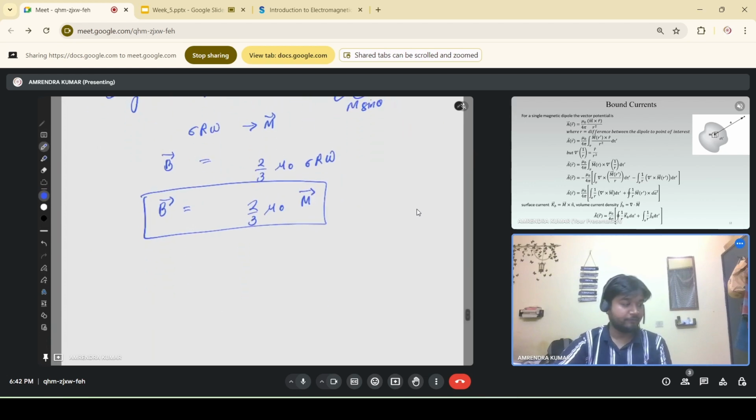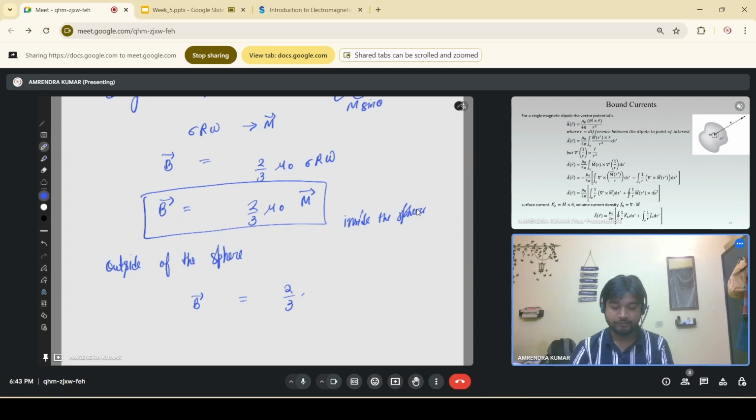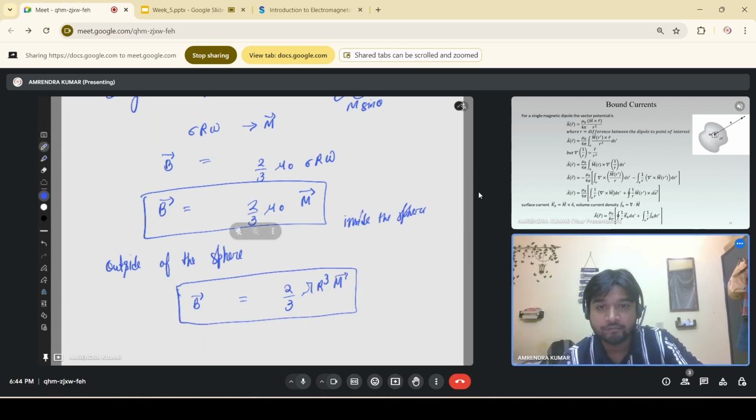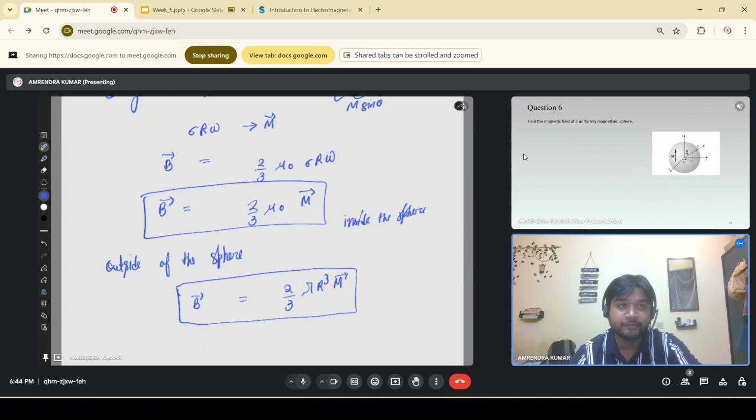And now if you want to calculate inside the sphere, and outside of the sphere, we get 2 by 3 mu 0 and then 4 by 3 pi r cube M. Okay, so question number 6, we have completed that.